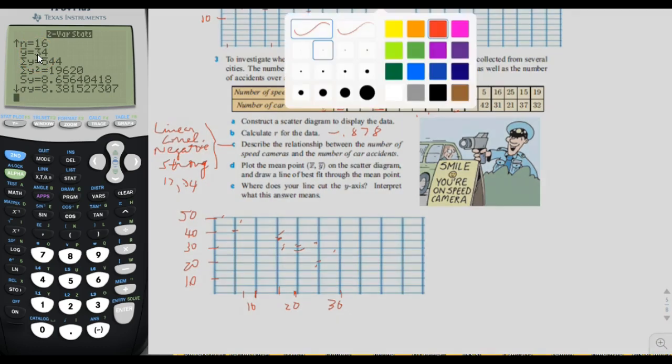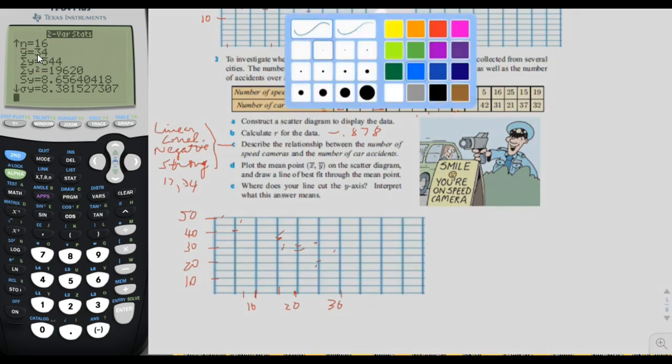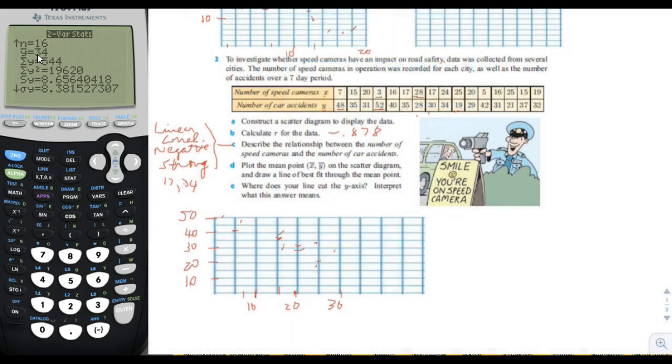So I'm going to mark x bar, y bar with a blue mark. 17, 34. It's about there. Then I'm going to draw a pink line going through that blue point and also going right through the middle of the cloud here. So there's my best fit line.